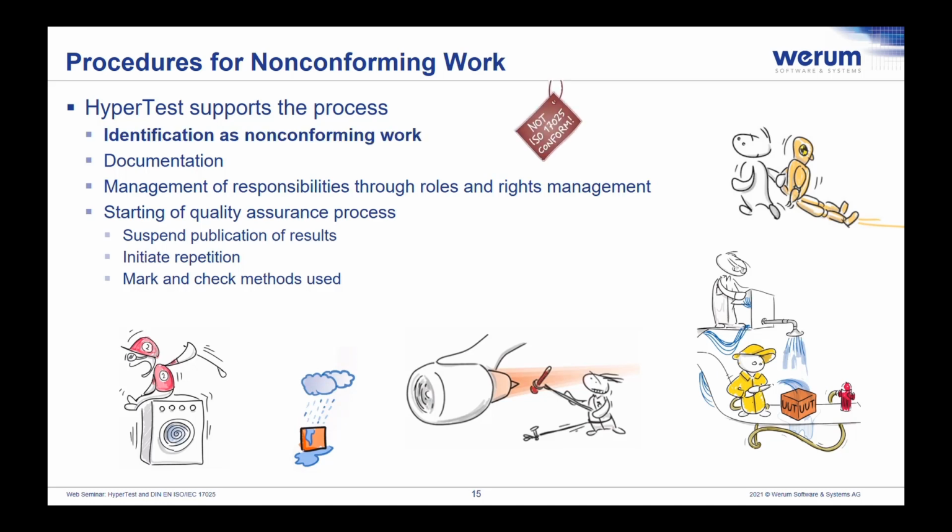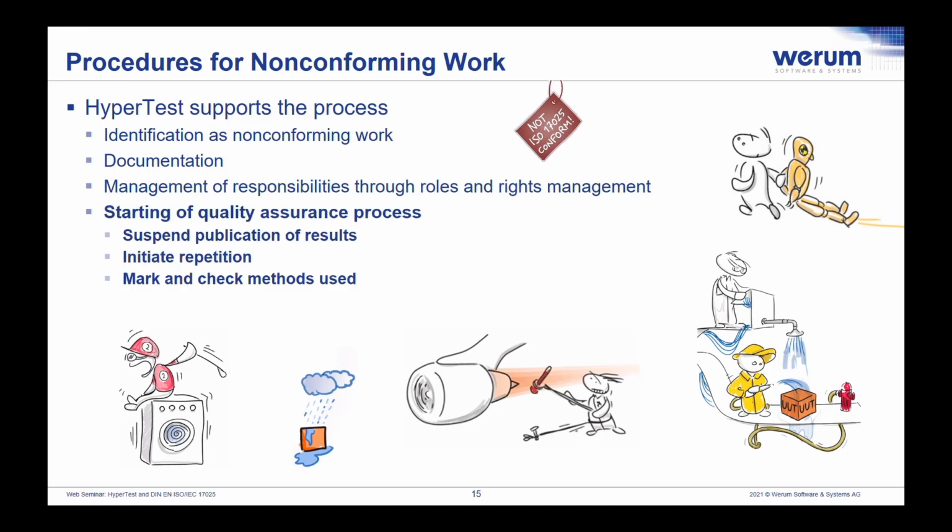HyperTest can support this process by flagging a test or a task as non-conforming. Moreover, HyperTest can manage the resulting documentation in the context of the test order and can use the rights and roles management to limit the further processing to staff members having the adequate skills.